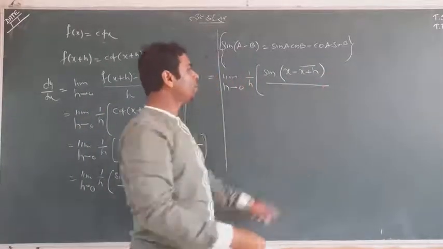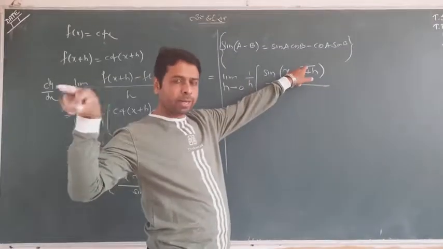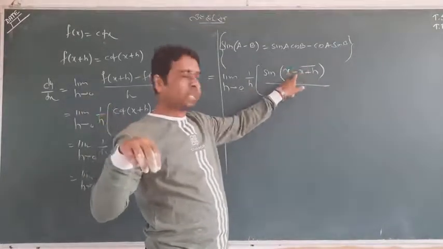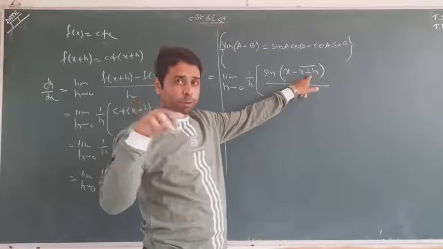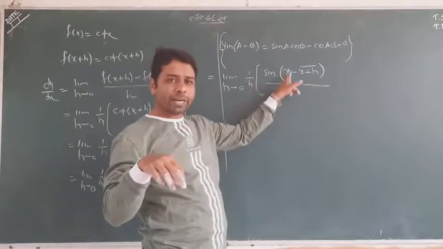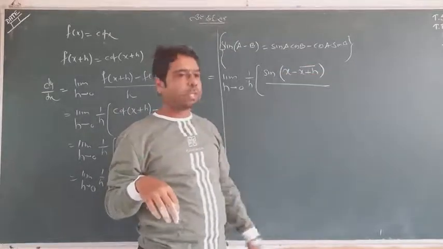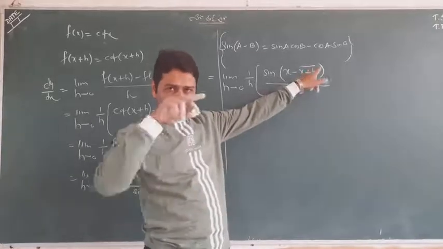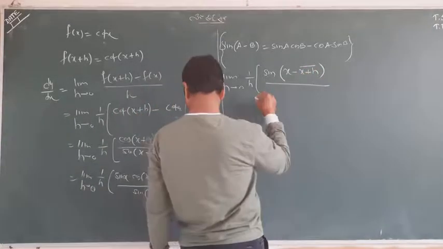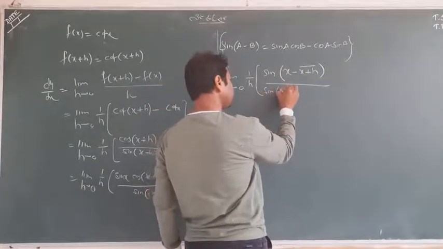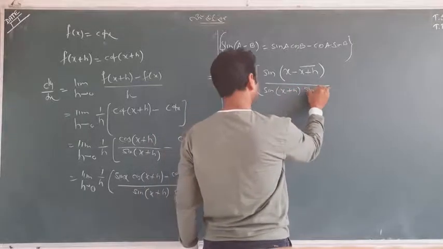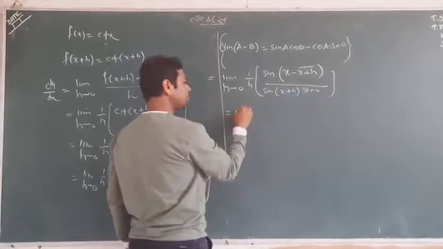You don't bother about that line. This is a line bracket, because it is a minus sign. The bracket is very important. I already used a small bracket, the first bracket, so I'm not using any more brackets now. I'm using a line bracket upon sin x plus h and sin x. What next? You know it.